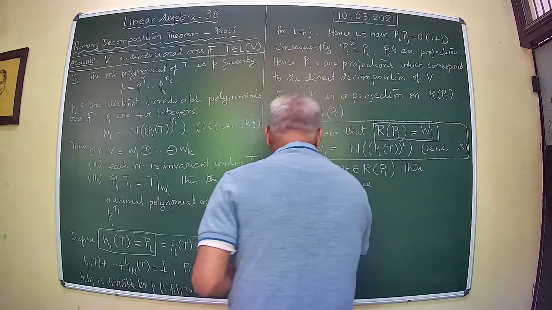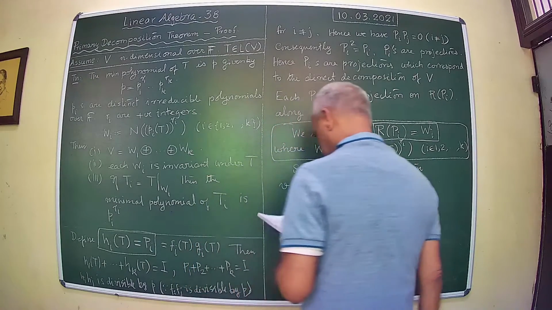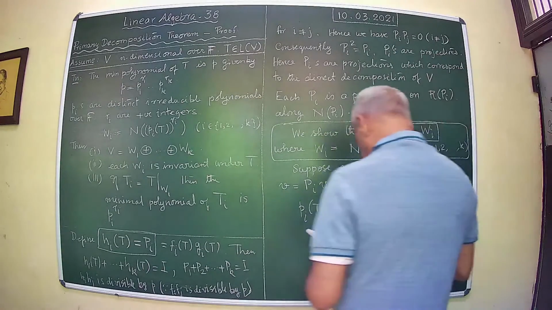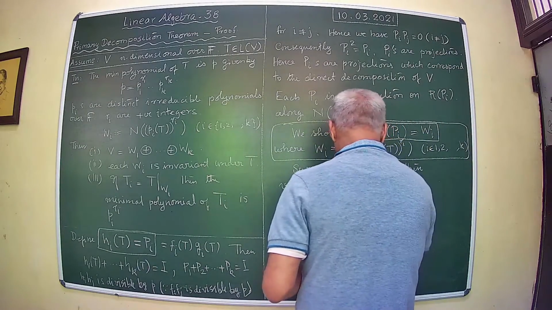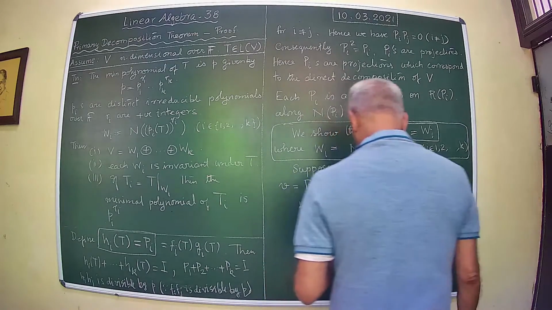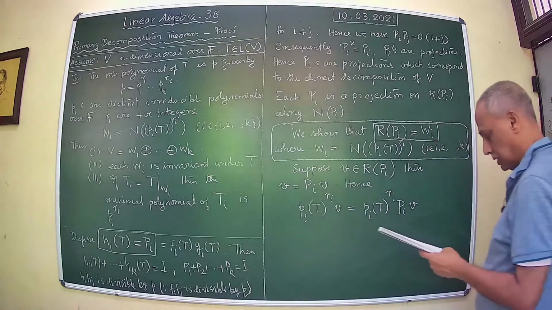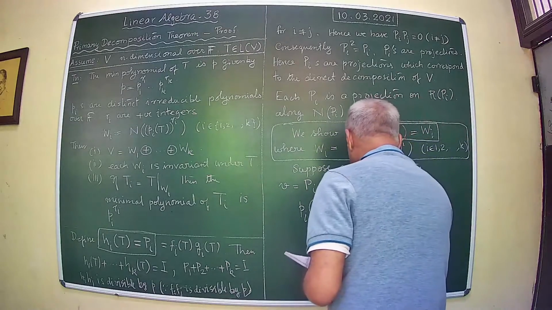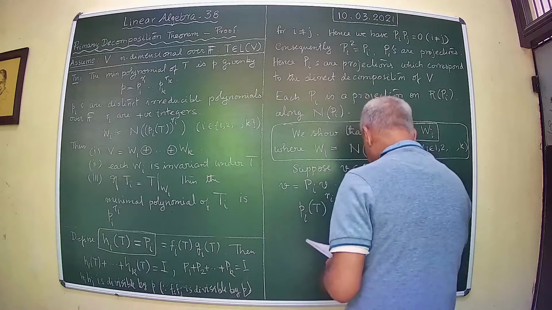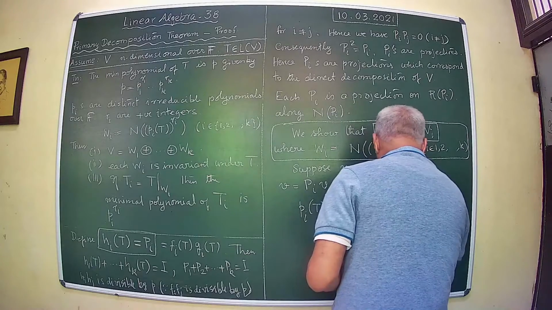Hence, we have this is equal to, and this is equal to Pi T to the power ri Pi v.